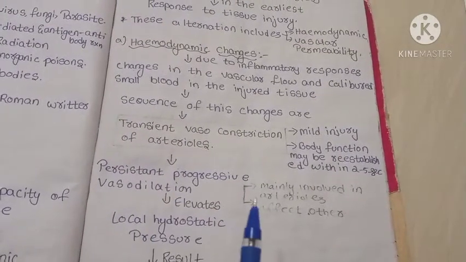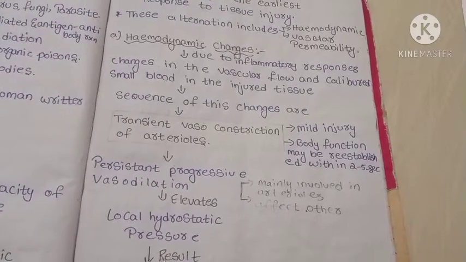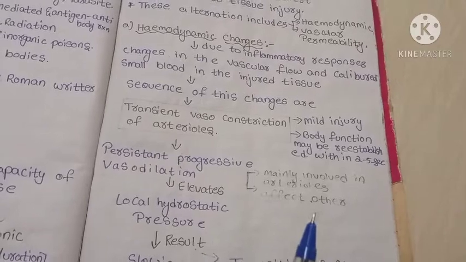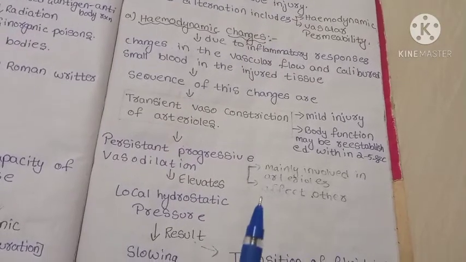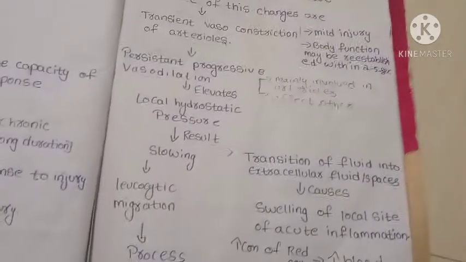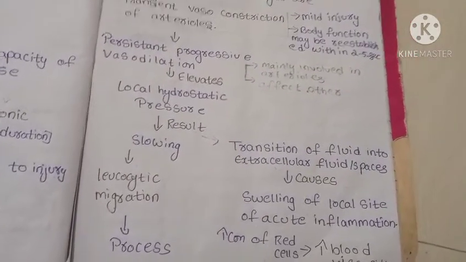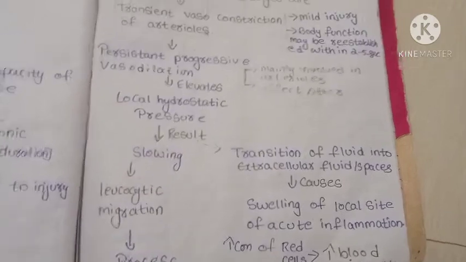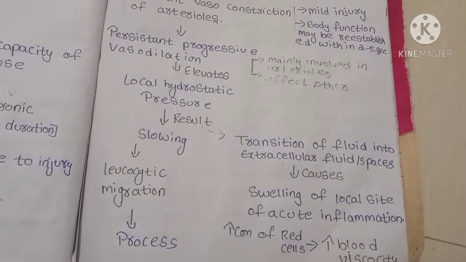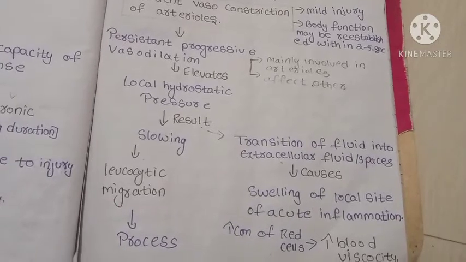And then persistent progressive vasodilation, which elevates local hydrostatic pressure, mainly involving arterioles, which results in slowing of leukocyte migration, and also transfer of fluids into extracellular fluid spaces, which causes swelling of local sites in acute inflammation.